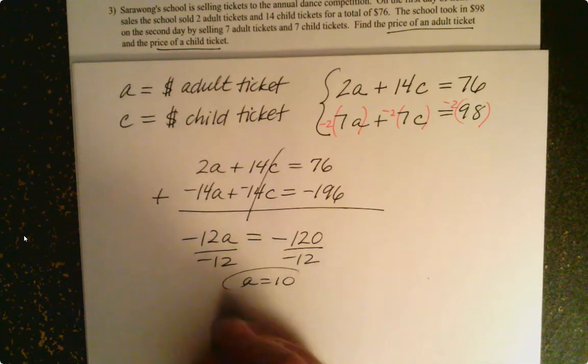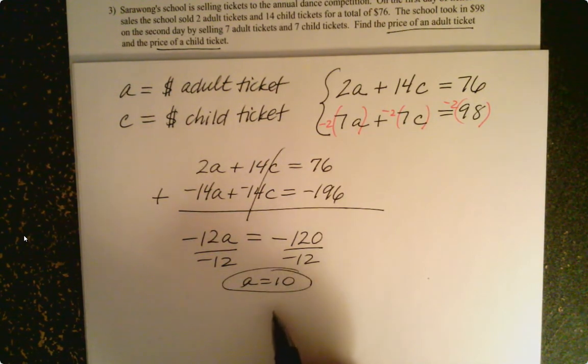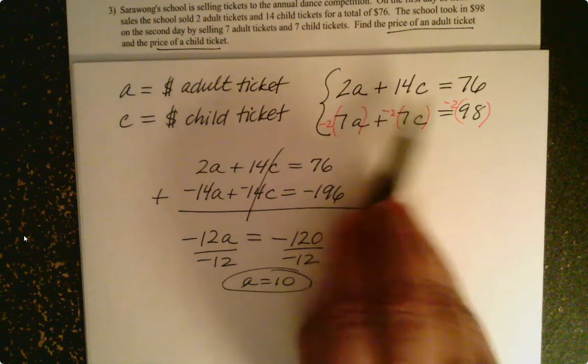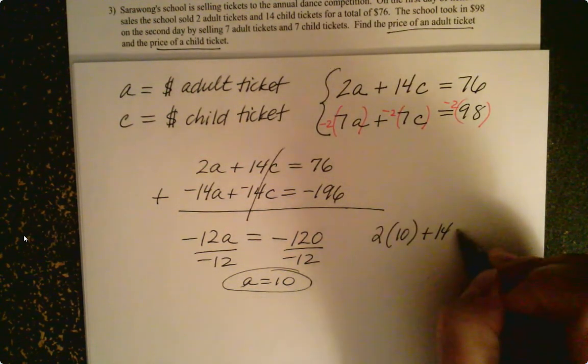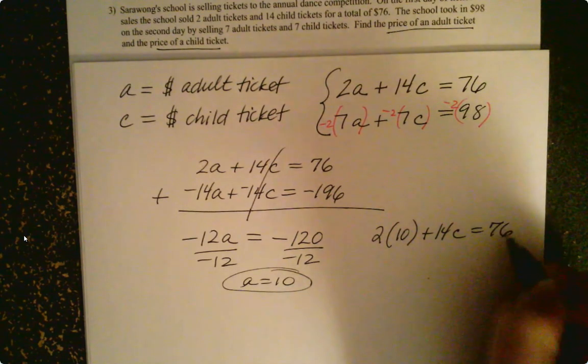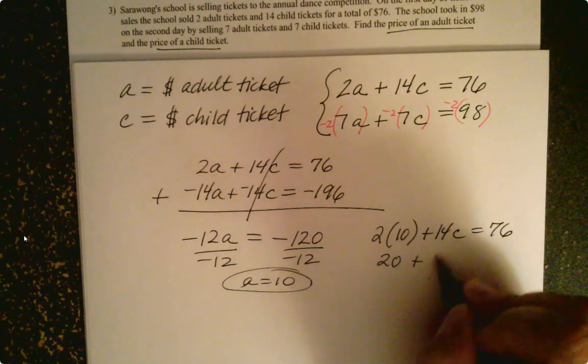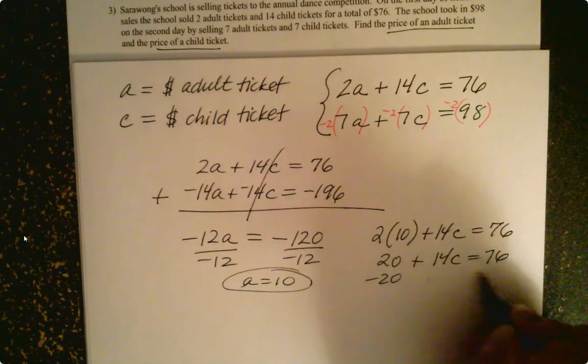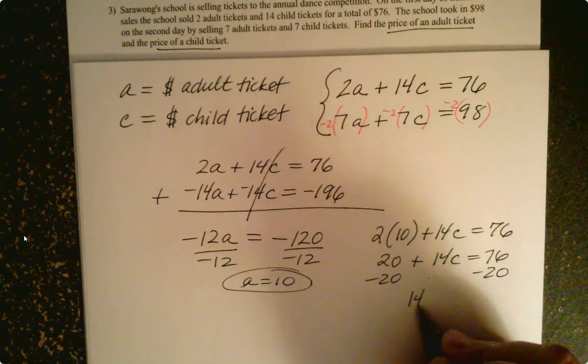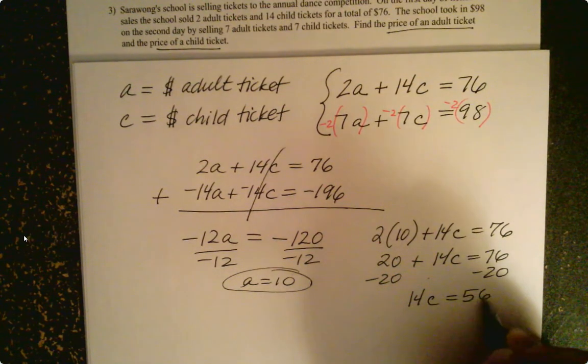So that's a. And then I can go back and plug in a, in any equation that has both a and c, and that would give me c, like maybe the first one. 2 times 10 plus 14c equals 76. So 20 plus 14c equals 76. Subtract 20 from both sides. 14c equals 56.